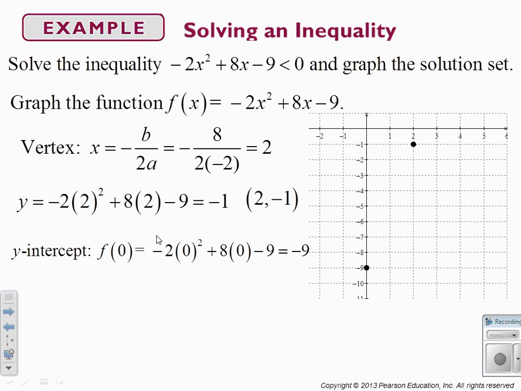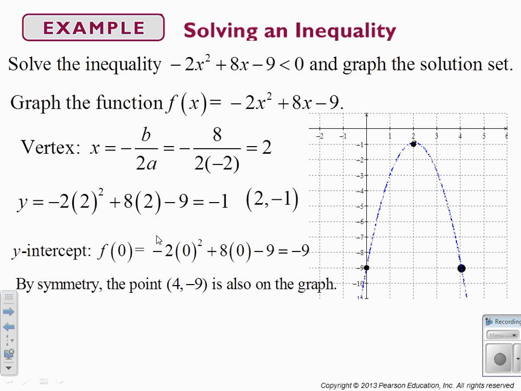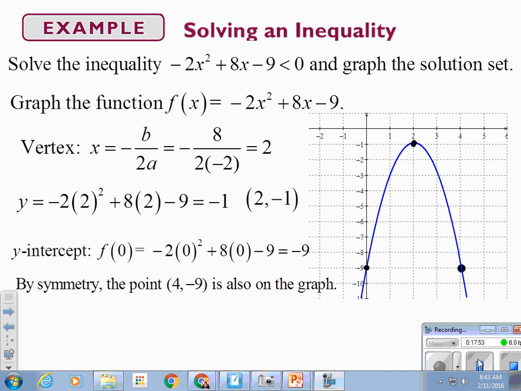We know that we have symmetry at x equals 2, so we can put the coordinate on the other side at 4, -9, and we have the shape of our parabola. So the original question is asking, when is this graph less than 0? I'm going to give a pause, and I want you to think about where this graph is less than 0.